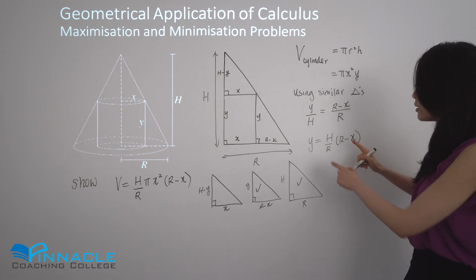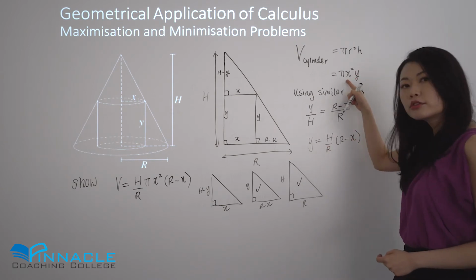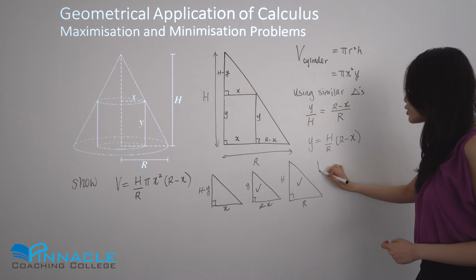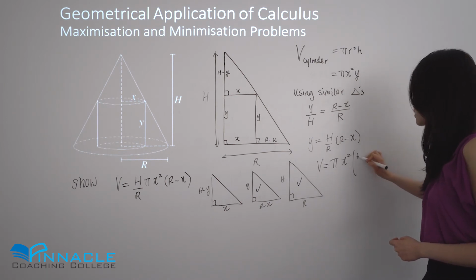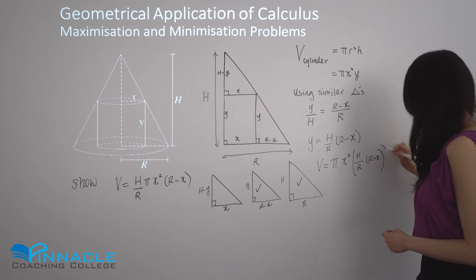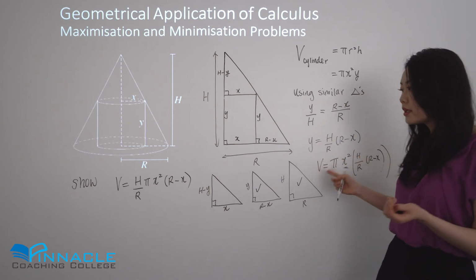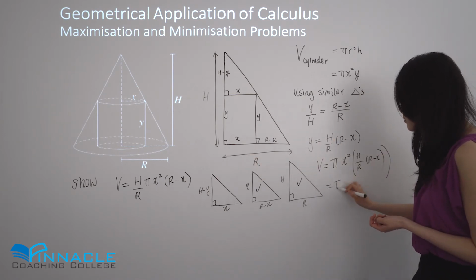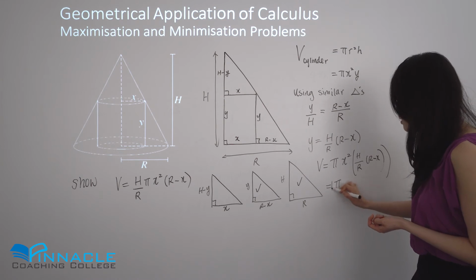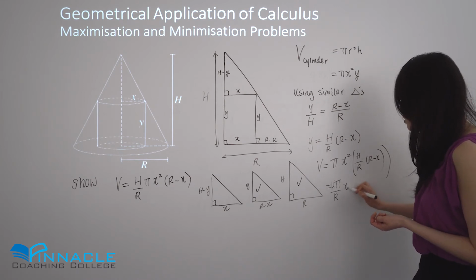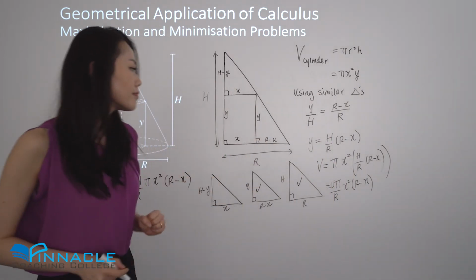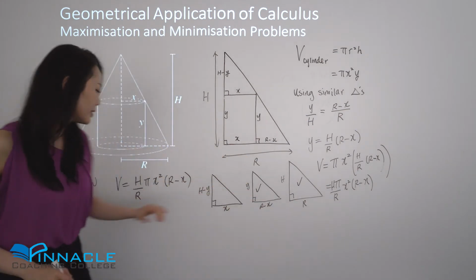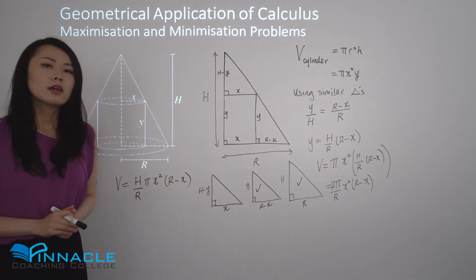Okay, and then finally, substituting that into our multiple variable expression, we get pi x squared y, which is h on r, r minus x. And then that's pretty much it. So I'll just clean it up a bit so it looks exactly like the question. And that is it. Okay, so now we've got something that matches the question. We are complete. Let's move on.